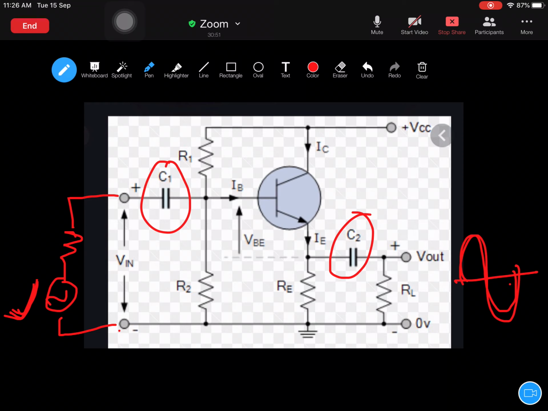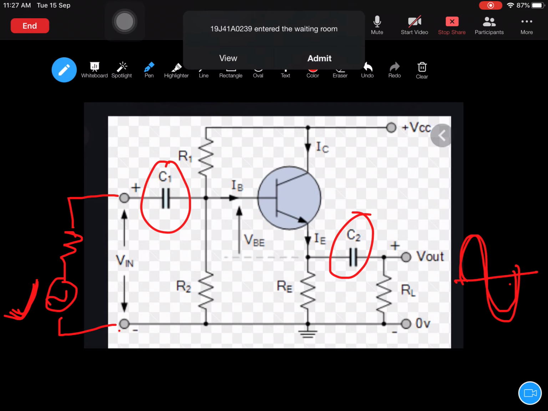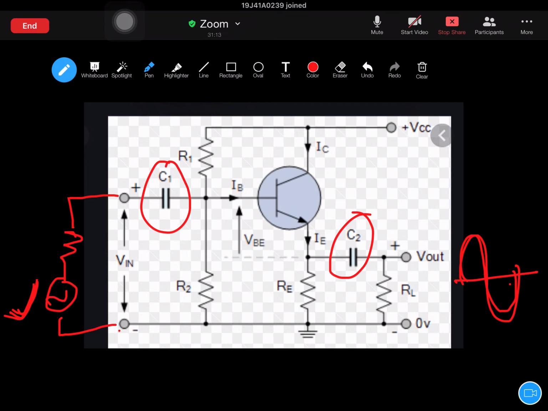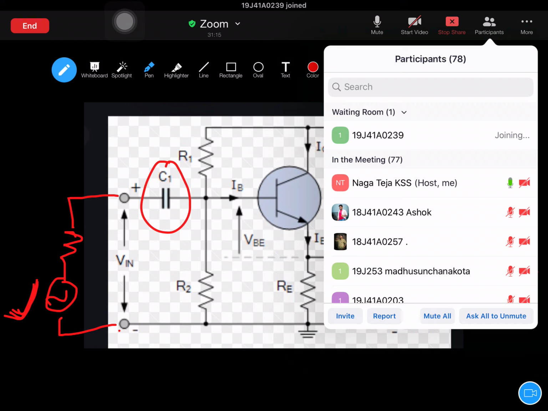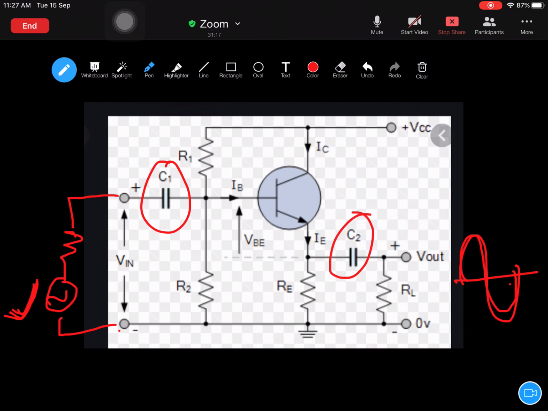These are the three different types of amplifiers. Yesterday I discussed common emitter, and today I have discussed CB and CC amplifiers. Among these three, the common emitter amplifier provides both voltage and current gains, the CB amplifier provides only voltage gain, and the CC amplifier provides only current gain.